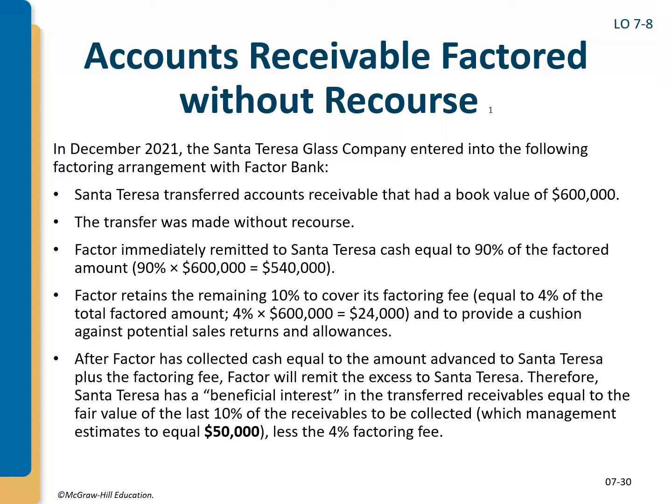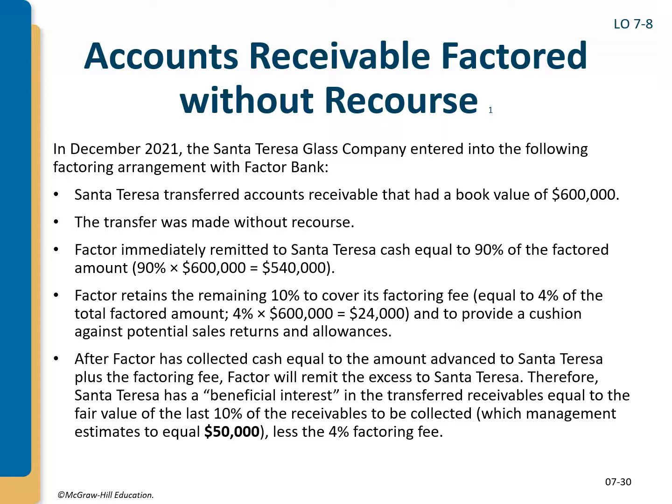The factor immediately gave Santa Teresa 90% of the amount as cash. The factor retains the remaining 10% to cover its factoring fee, which is 4% of the total factored amount, so that's its right upfront charge, and a cushion against potential sales returns and allowances.